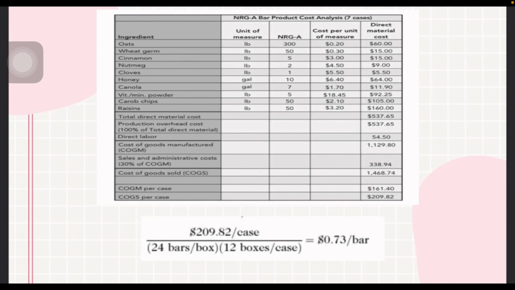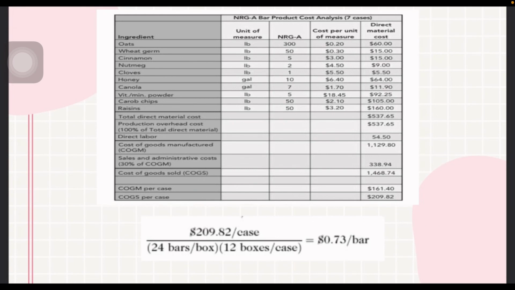Summing the results for all the ingredients gives a total direct material cost of $537.65, as we can see here in the table. For a 500-pound batch, applying the production overhead rate of 100% to this direct material cost gives a production overhead cost equal to the direct material cost, or $537.65.